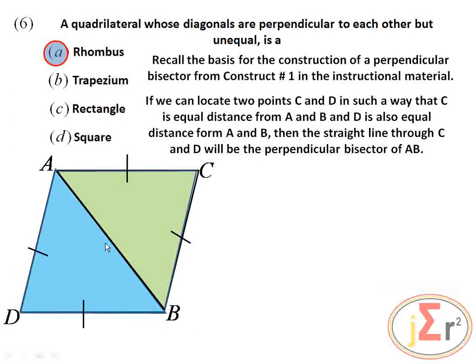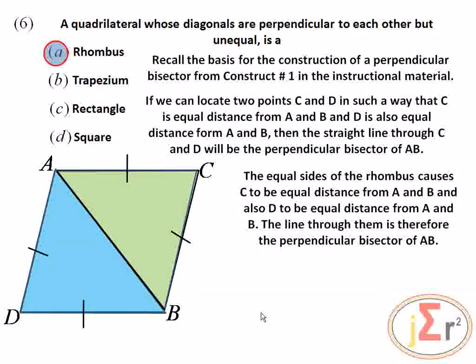We have located 2 points, each one equal distance from A and B, because of these two equal sides, and this one also is equal distance from A and B because of these two sides of the isosceles triangle.